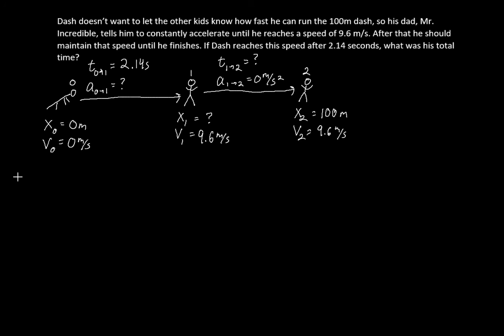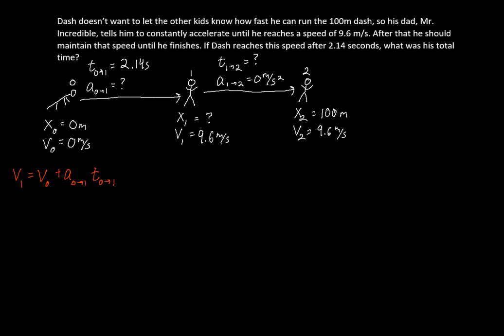And if you're following along, you might have realized that you can find the acceleration by using our final velocity, or v1. Sorry, there's no such thing as a final, I guess, at this point. v1 is equal to v0 plus a from 0 to 1, t from 0 to 1.